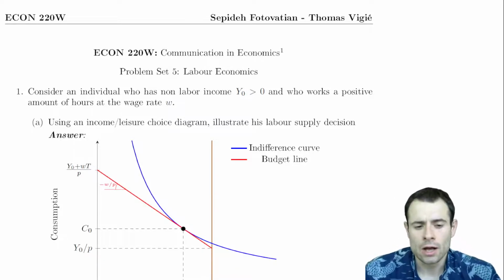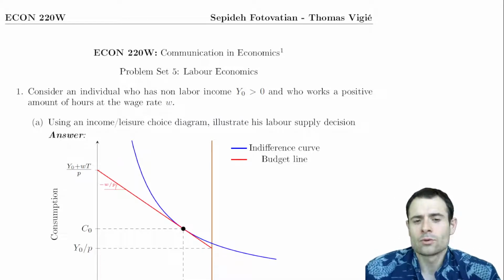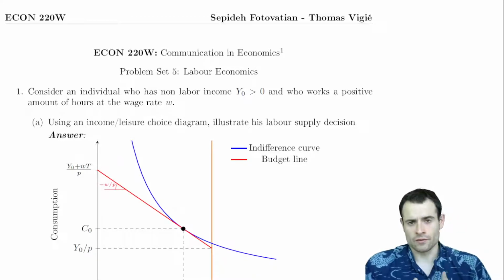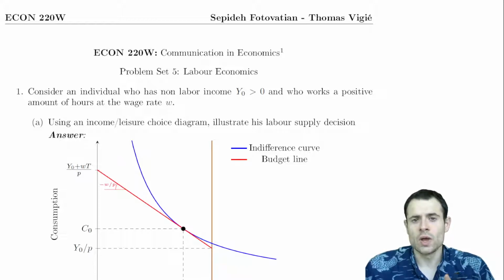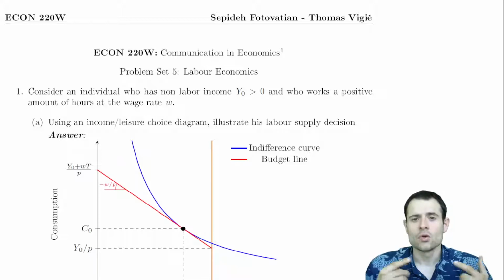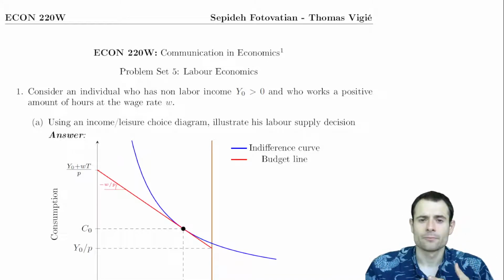Standard labor supply theory maximizes the utility of a consumer subject to a budget constraint and a time constraint. After all, we don't have an unlimited amount of time at our disposal, so our time will be divided between labor and leisure.